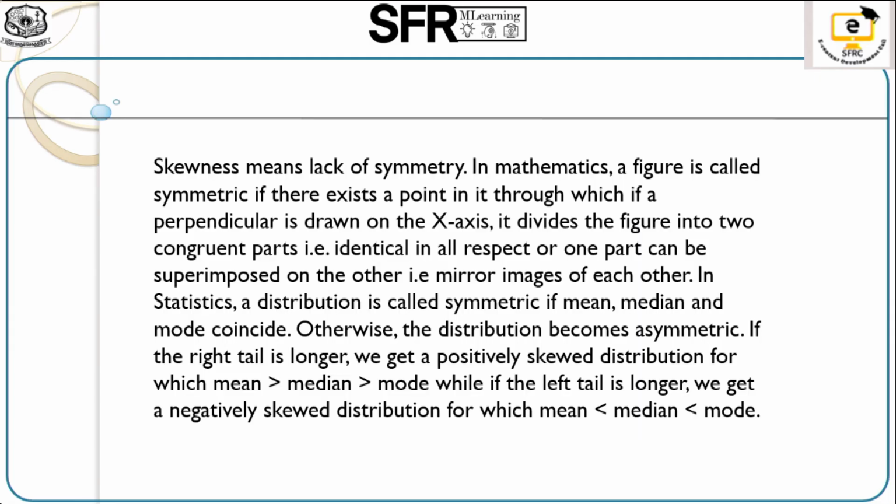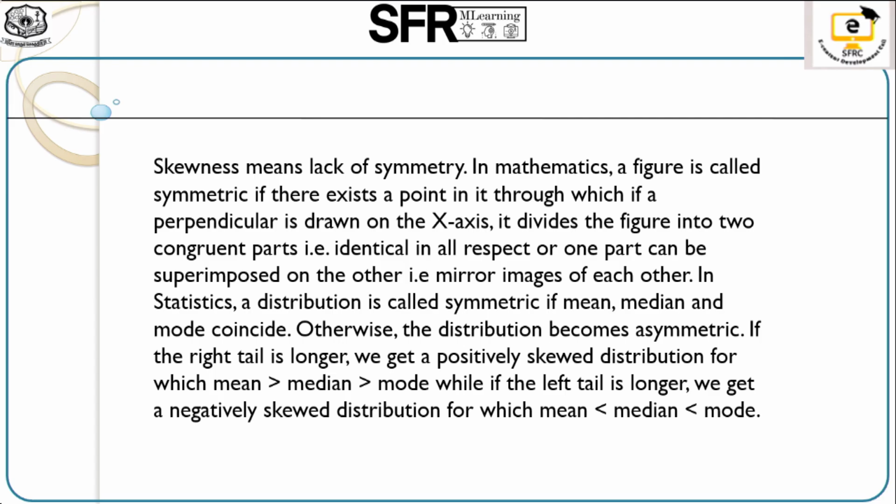Here we are going to know about skewness. Already we know skewness relates to the symmetry of the distribution; here it means the lack of symmetry, that is, the asymmetry of the distribution.